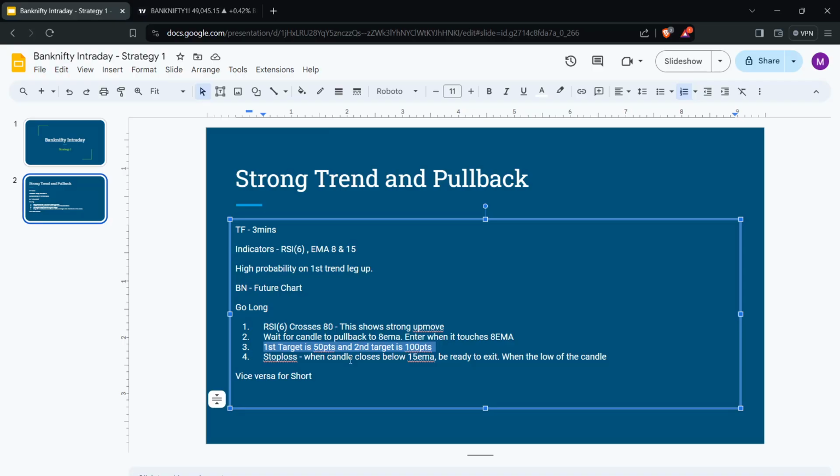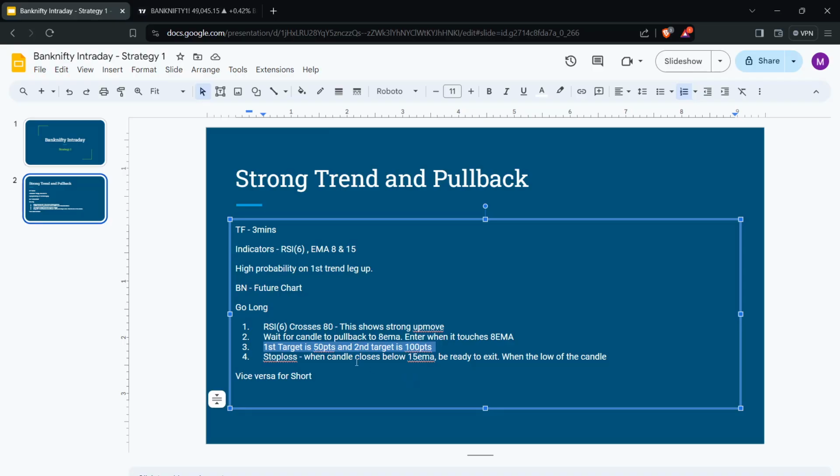And stop loss for this is if the candle closes below 15 EMA, you can exit. Again, wait a few seconds after it comes below the 15 EMA. It might bounce back, and most of the times, between 50 to 20 EMA is a very common support point.